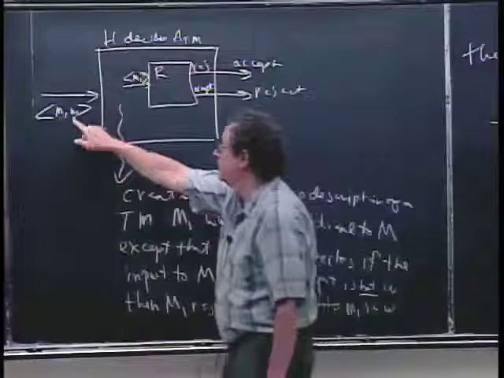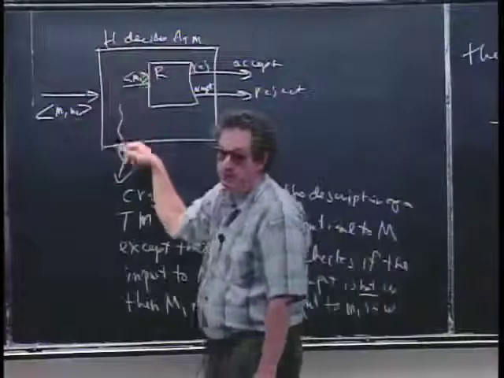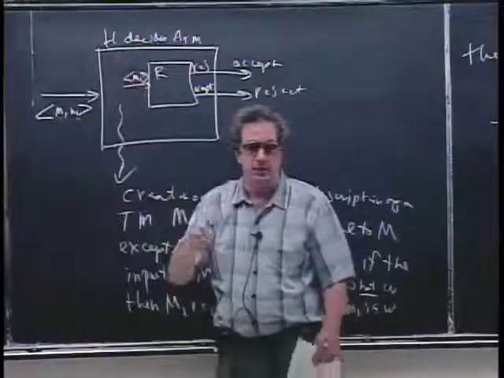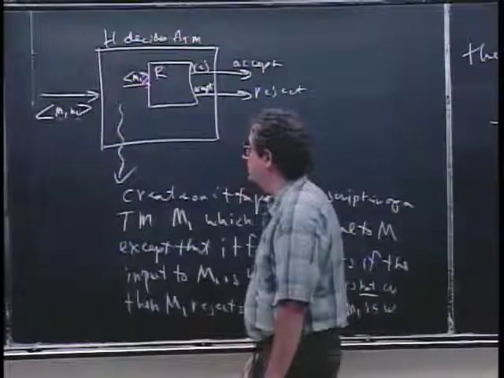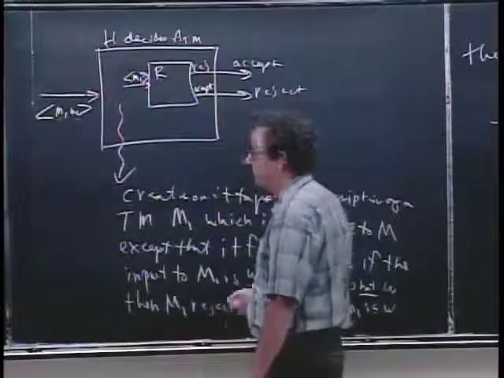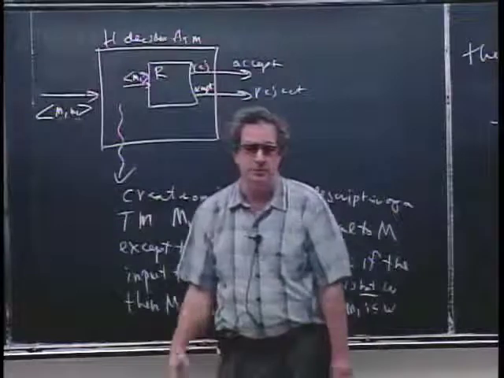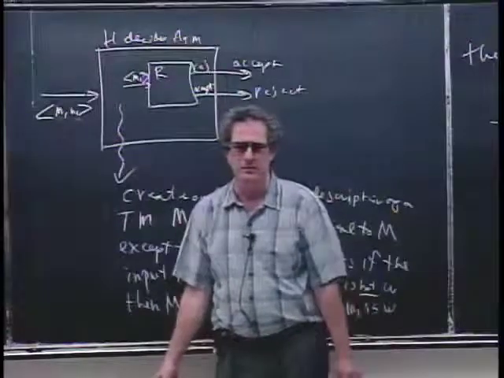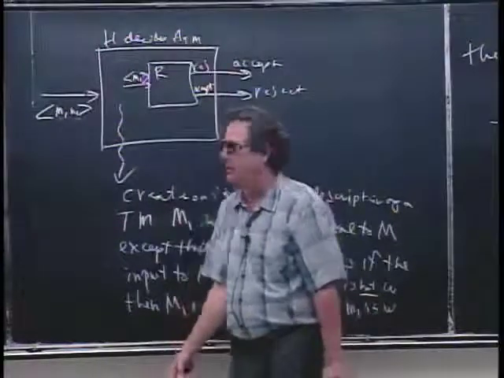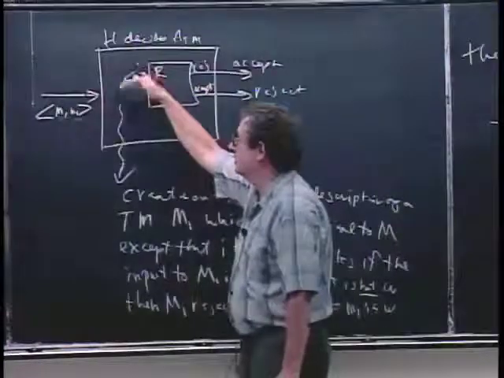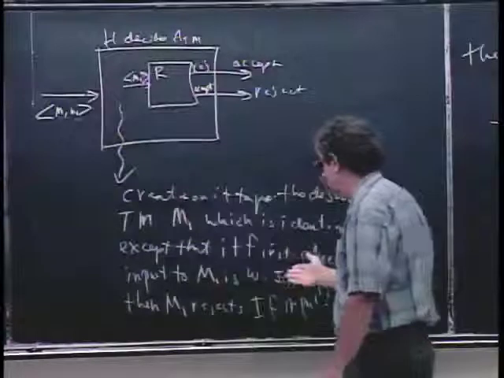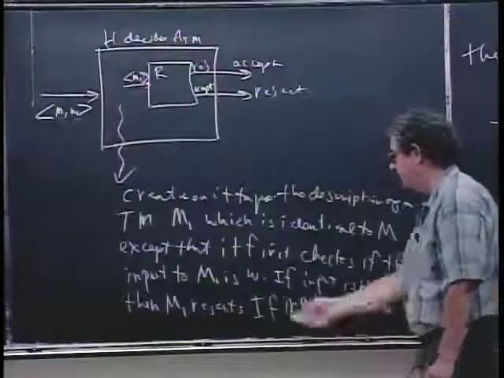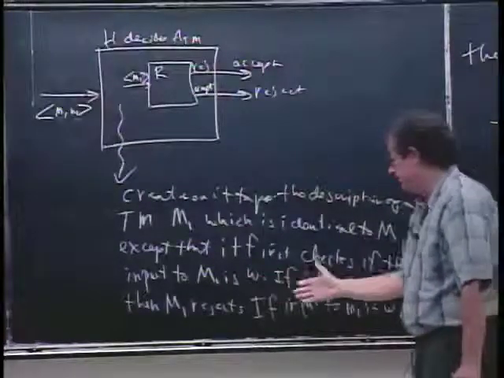Well, the specific W comes into H, H sees what the specific W is, so H creates this description of a computation, a Turing machine, that can just look at the input and decide whether or not it's that specific W. Well, we know how to do that even with a finite state machine. So certainly a Turing machine can create the description of a finite state machine that looks at an input string and decides if it's that particular string W. So that's no big deal.